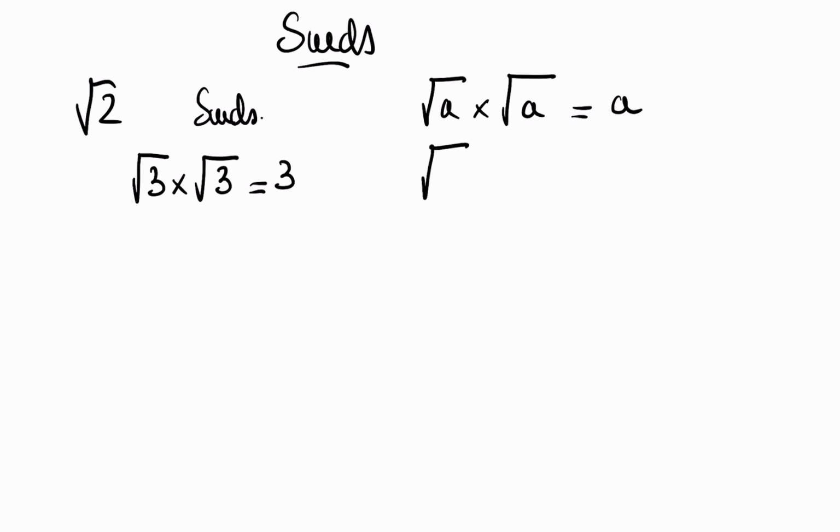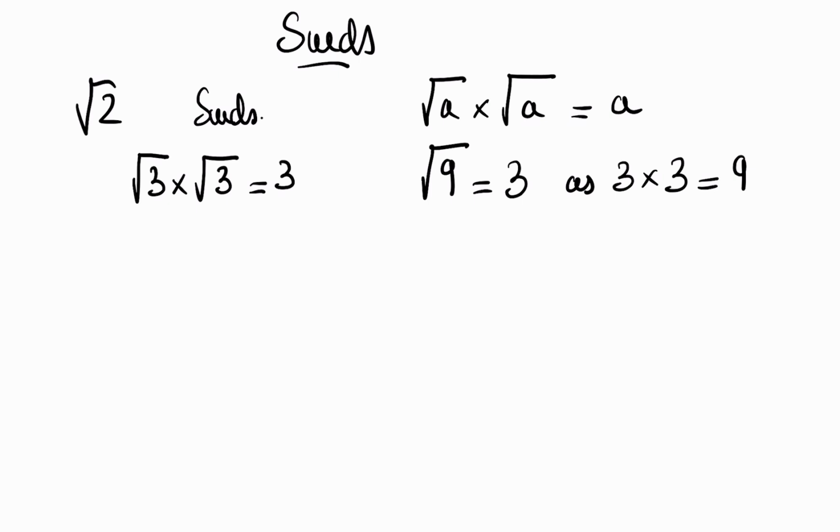What is root 9, for example? Root 9 is a number such as 3 times 3. Root 9 equals 3 because 3 times 3 equals 9.